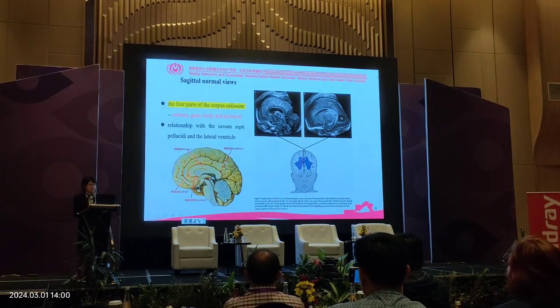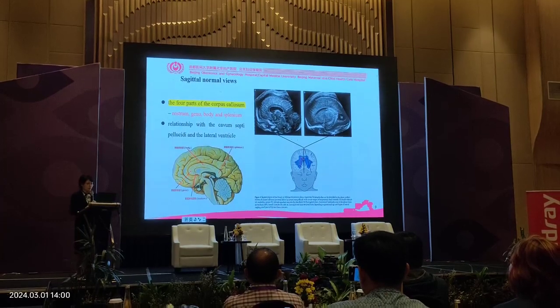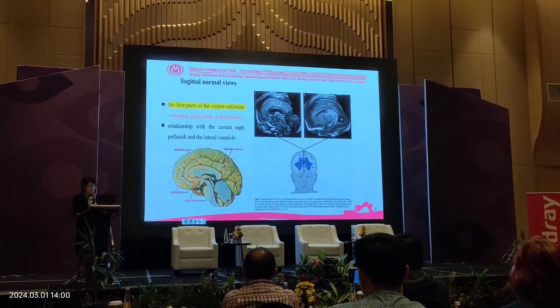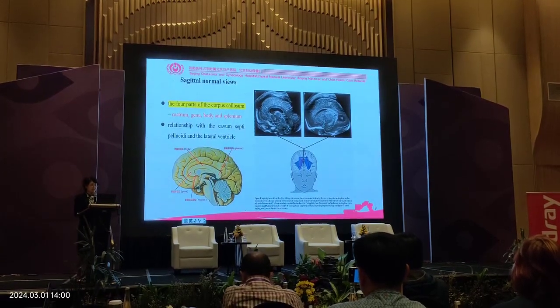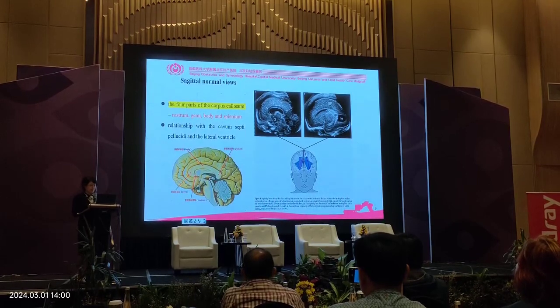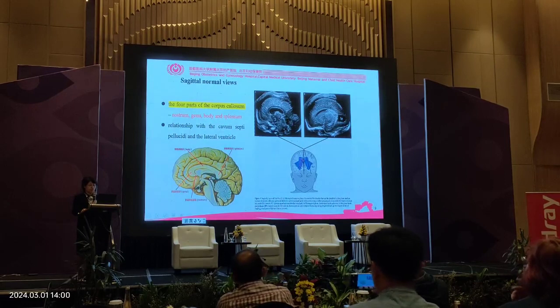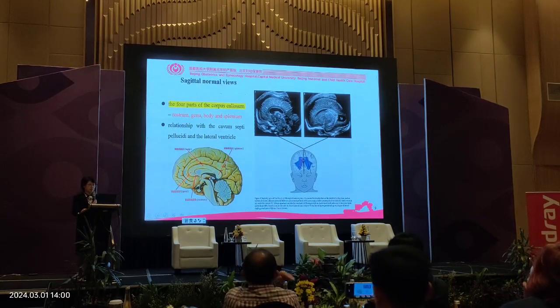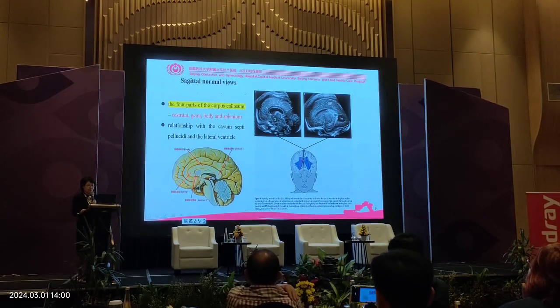If the subject has normal views, in this section we can see the 4 parts of the corpus callosum, including the rostrum, genu, body, and the splenium. We can also see the relationship with the cavum septi pellucidi and the lateral ventricle.